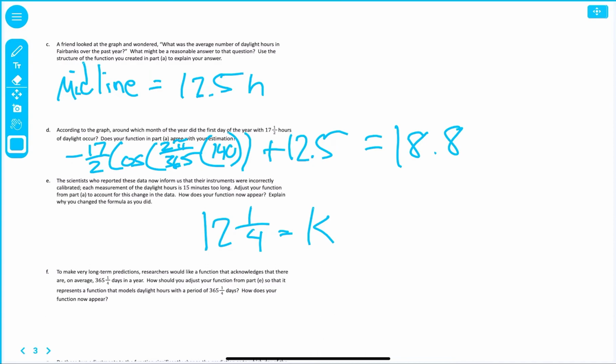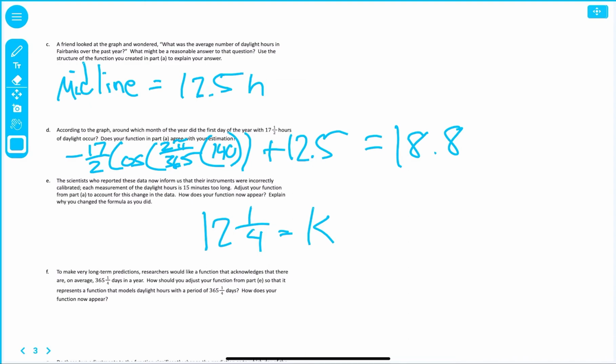Excuse me. What are we going to change there then? X-axis. Right. Where did we put it? So instead, think about this. We use 365. Where did we use 365 at?